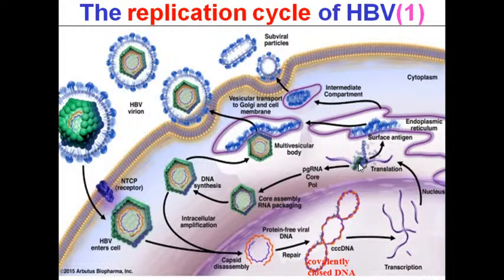As a result of this translation, the pregenomic RNA molecule will be enclosed into the newly synthesized core. So we have core assembly and RNA packaging.